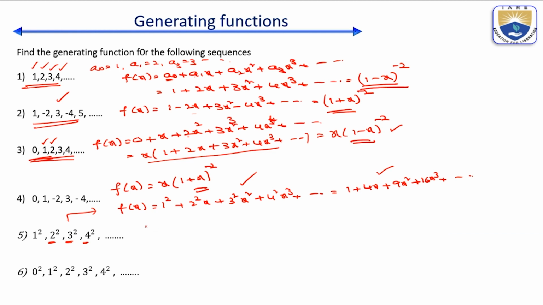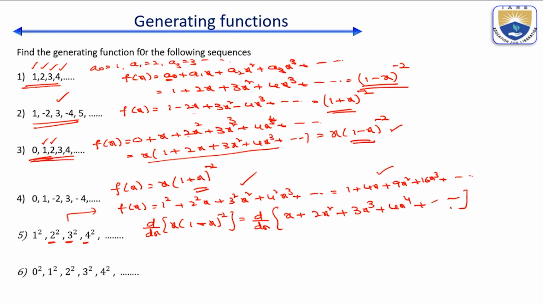With respect to x. So d by dx of x into (1 minus x) whole to the power of minus 2, which is nothing but d by dx of the function, x plus 2x square plus 3x cube plus 4x power 4 plus and so on. This is equation 1, let us say.